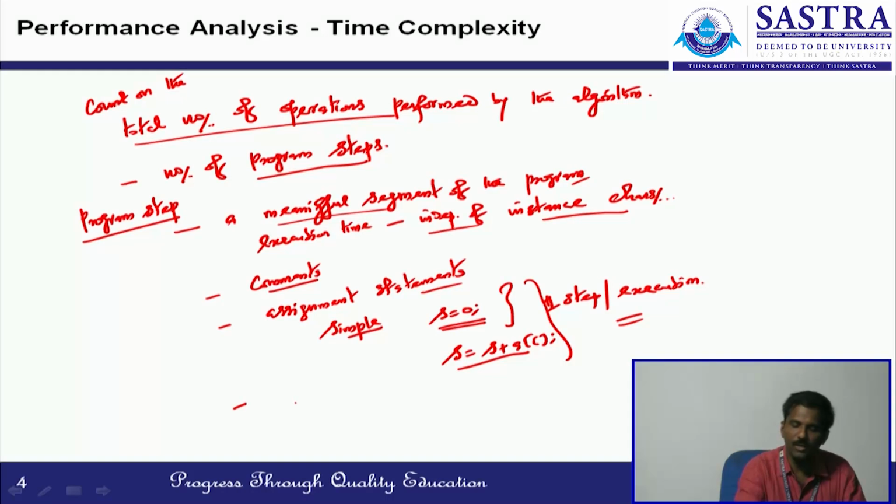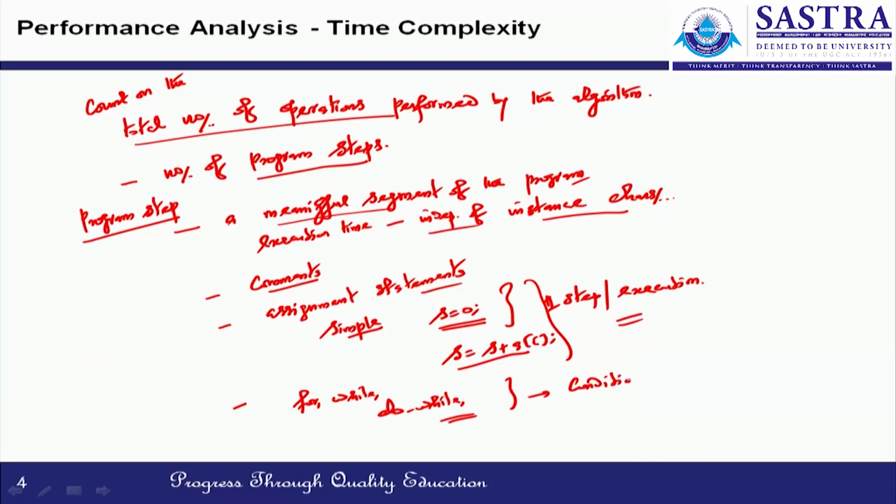Then in case of control statements, for, while, do while and repeat until, we need to consider only the conditional part of the control statement. We need to find a count on how many times the condition is going to be executed.